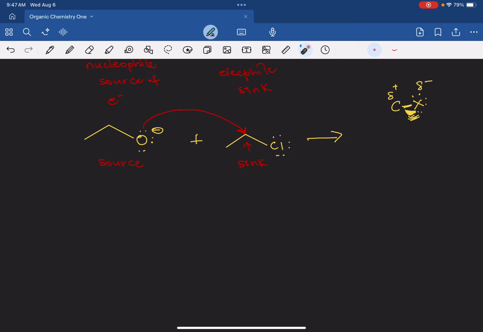Okay, let us look at what this arrow translates into. I am going to move this arrow so I can draw down here. So let's look at what product we're getting here and let's talk about it.